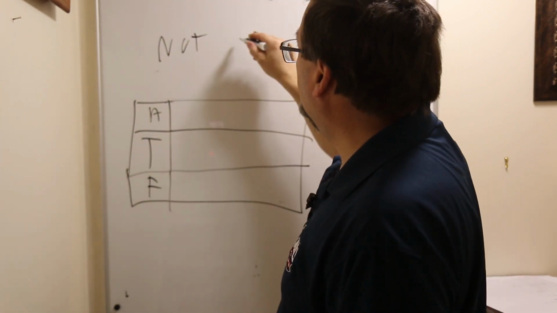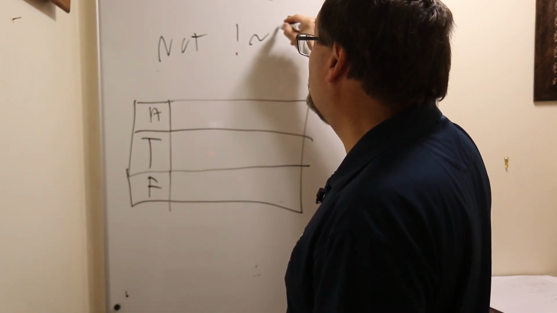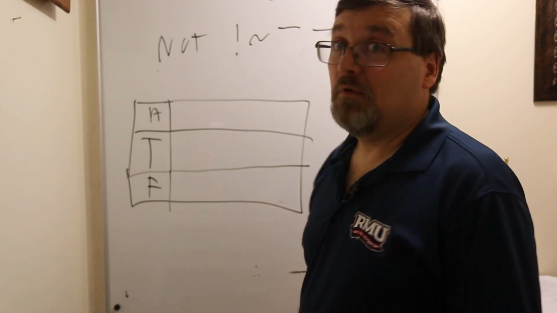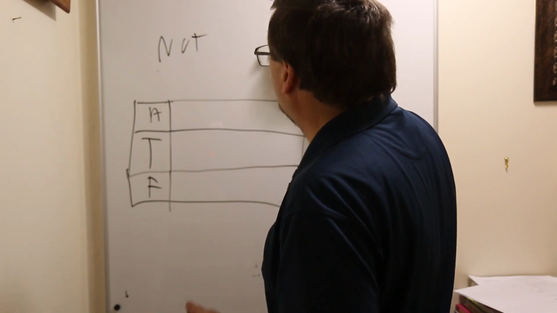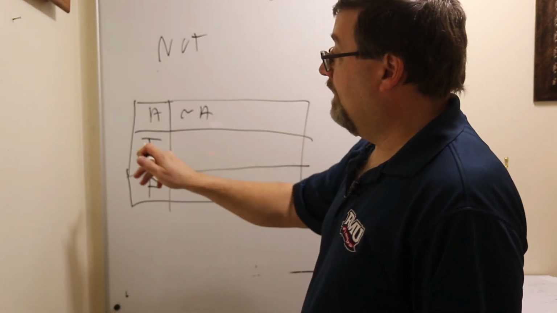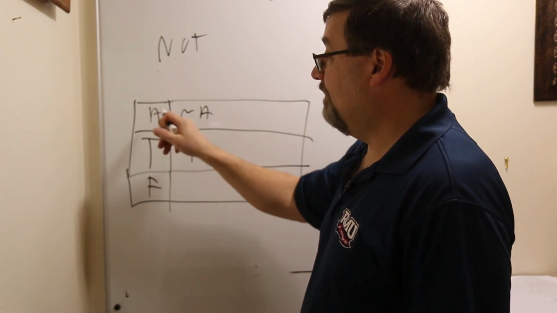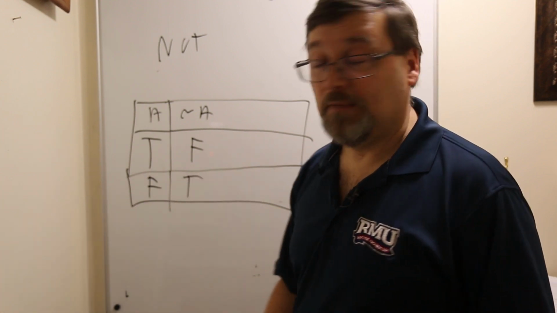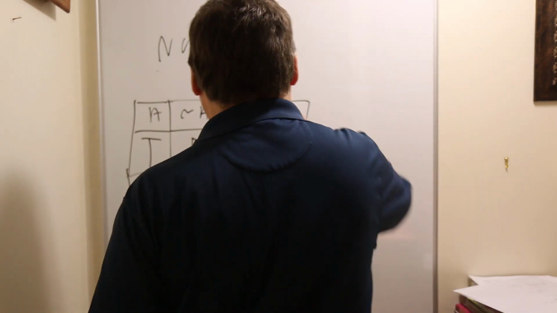And NOT is either an exclamation point, a tilde, sometimes you'll see a line on top, sometimes you'll see a line with a bar on top. Most of the time for me, you're just going to see the tilde. And so we do not A. If A is true, not A is false. If A is false, not A is true. Make sense? Okay.